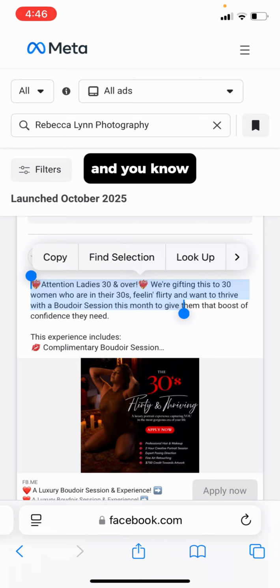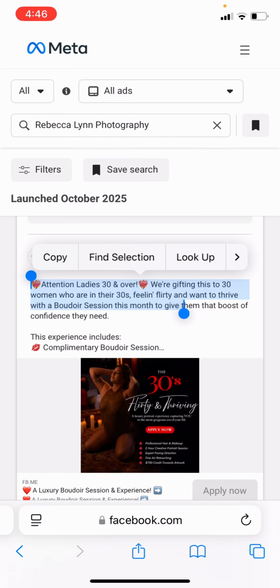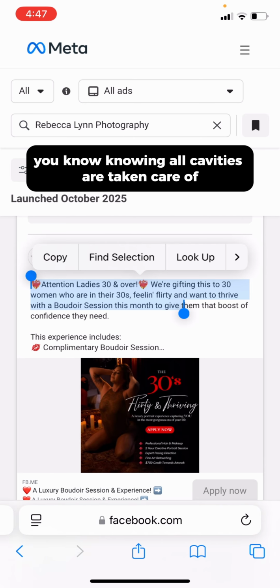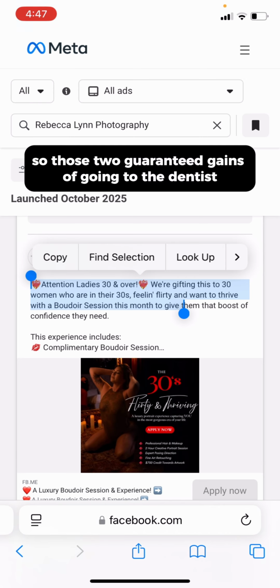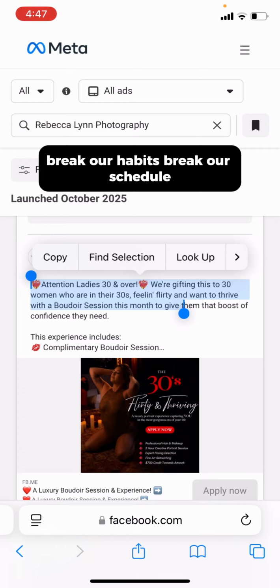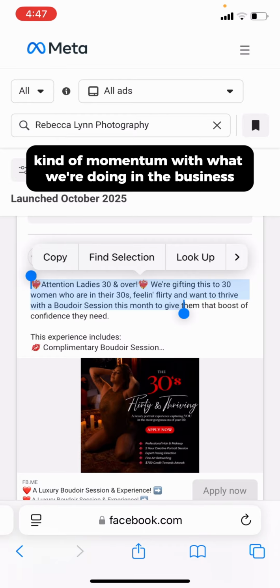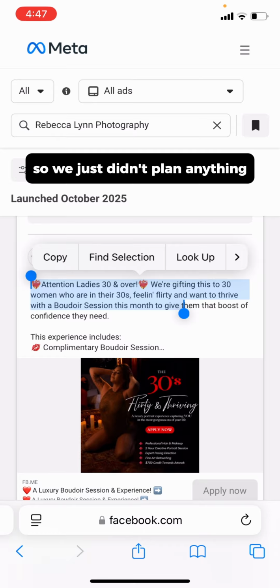And the guaranteed gain or pleasure or positive that we'd receive from going to the dentist, slightly cleaner teeth and knowing all cavities are taken care of or we have no cavities, so kind of that peace of mind, those two guaranteed gains of going to the dentist are just not enough for us to break our habits, break our schedule, break our mental momentum with what we're doing in the business. So we just didn't plan anything and we keep going on.